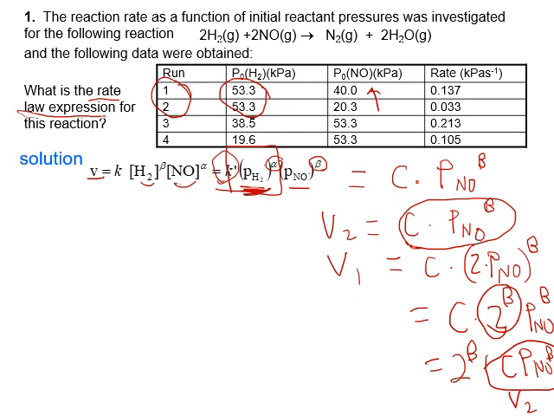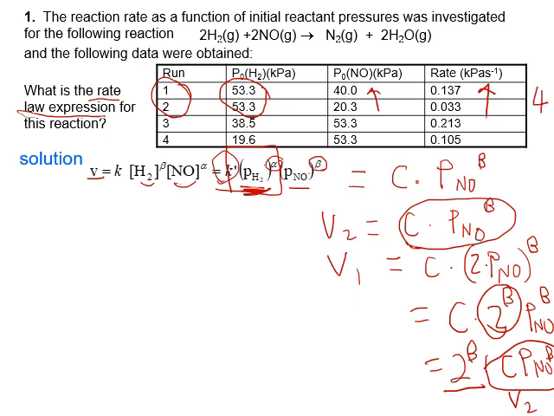So V1, the first run reaction rate, should equal the reaction rate for the second run times 2 to the beta's power. Let's look at the experiment. How much increase? From 0.033 it goes to 0.137, that's about 4 times.